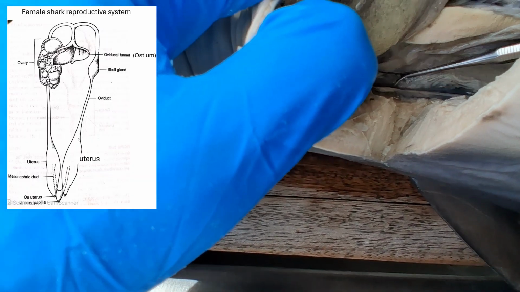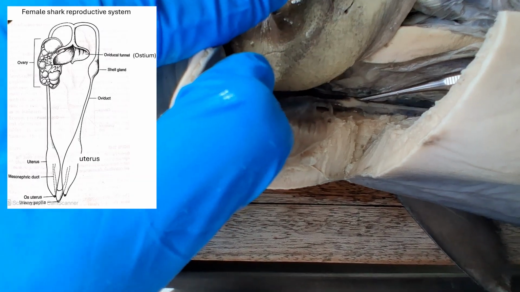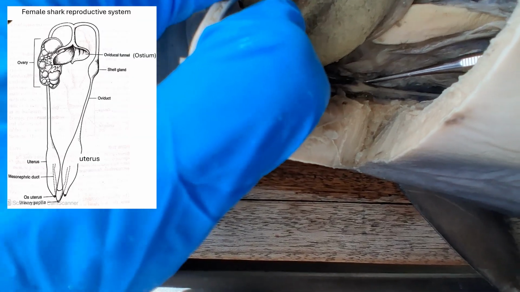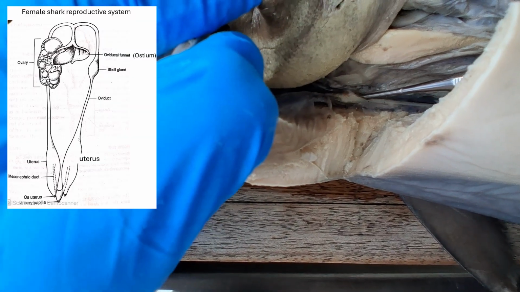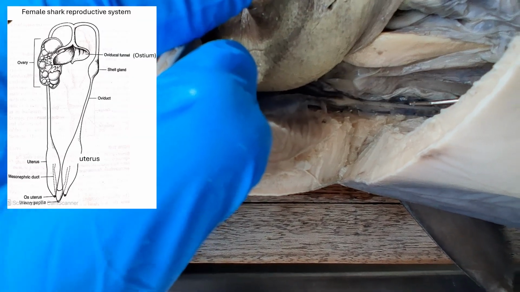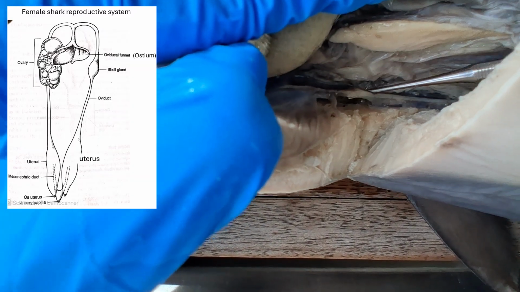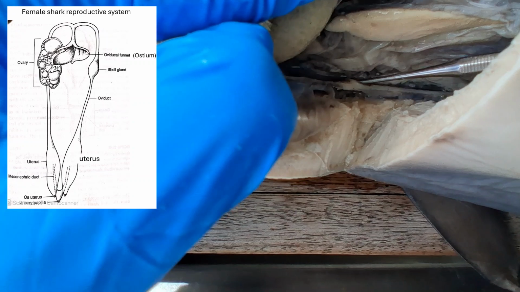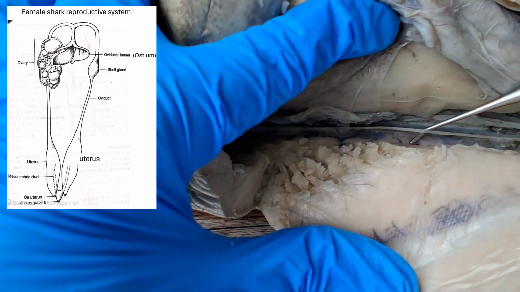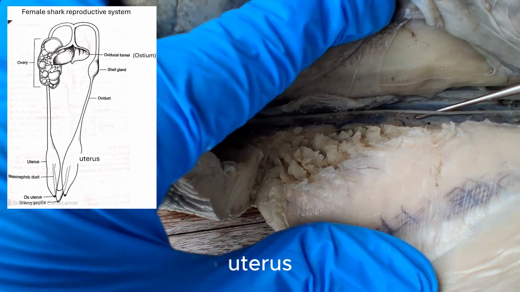As the name suggests, this secretes shell material enclosing the embryo. So all of this is the oviduct, but has different names depending on the region. This one is the nidamental or shell gland, and down here this would be the uterus.